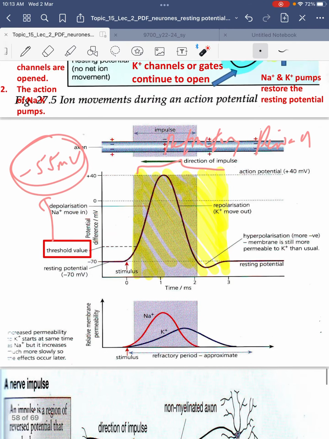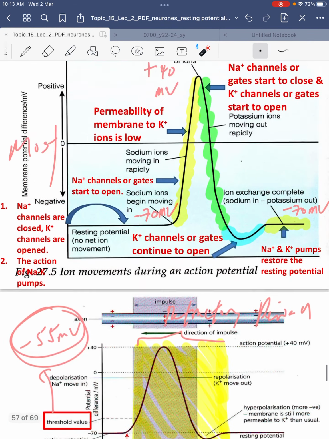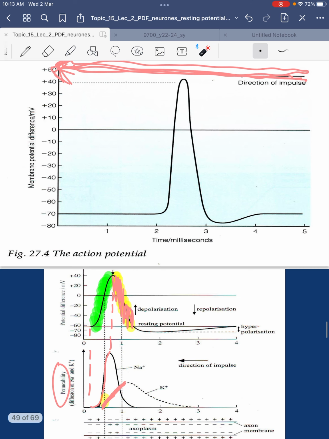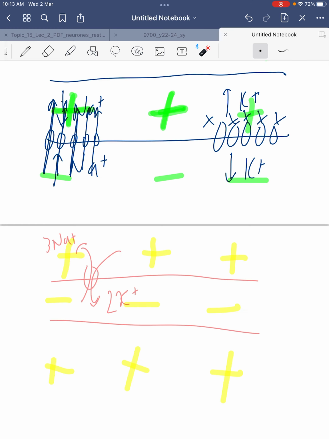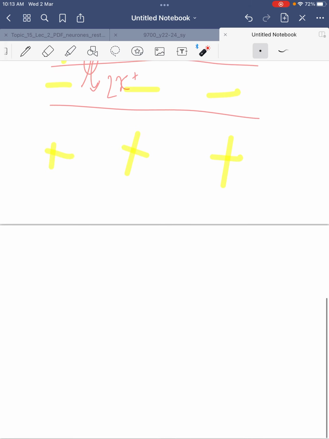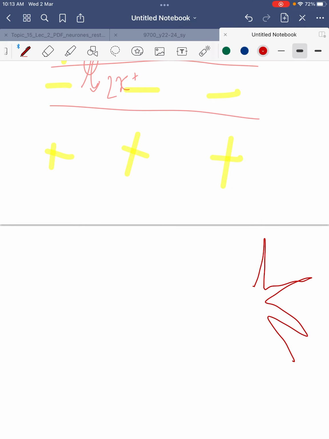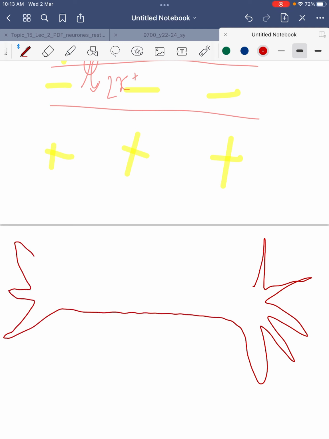Right. Let me just find the image. Okay, if I can just draw a motor neuron, with a cell body here, nucleus, these are dendrites, and at the end here, the synaptic bulb.